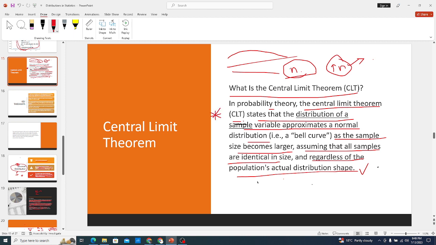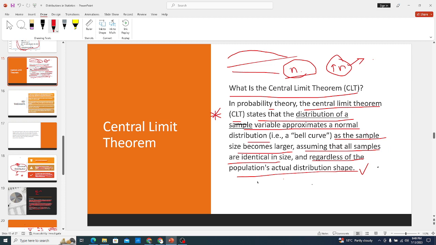So this is how the theorem is stated. As the sample size increases, the sample variables tend to approach a normal distribution.